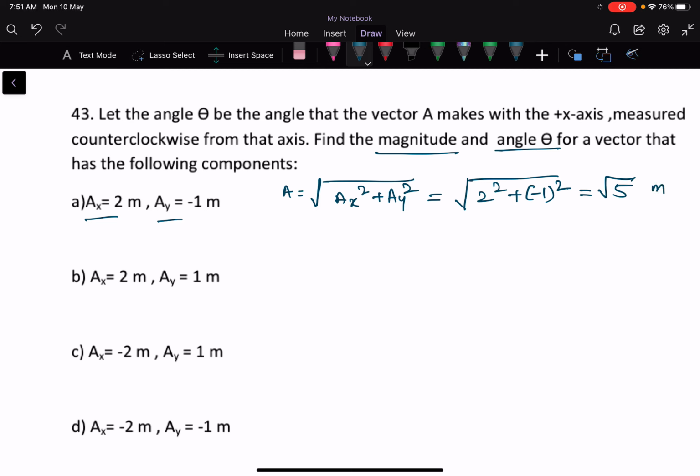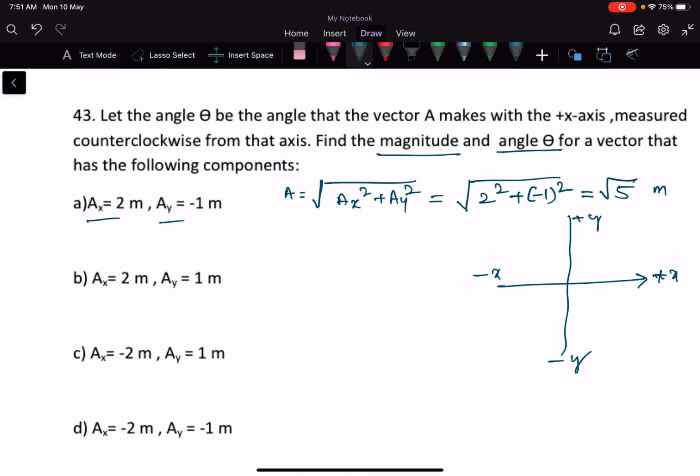Now we need to find out the angle here. To find out the angle, I am drawing a rectangular coordinate system here. Positive x-axis, positive y-axis. This is negative x-axis and this is negative y-axis. So our vector points along x equal to 2 meters and y equal to minus 1 meter.